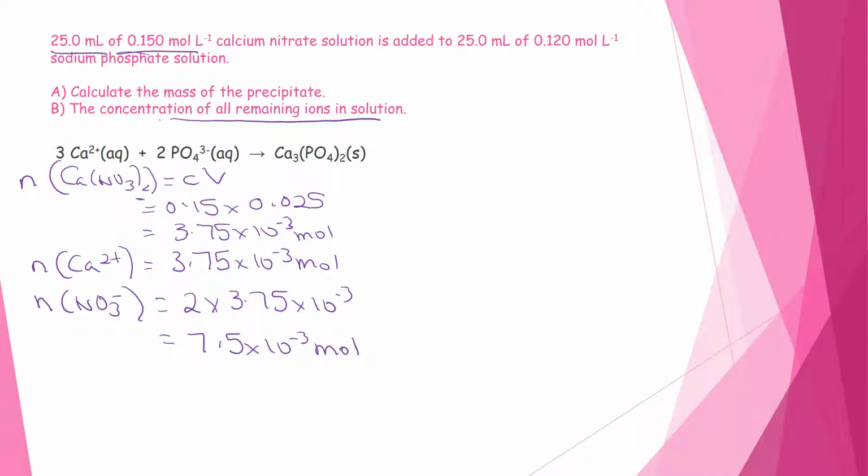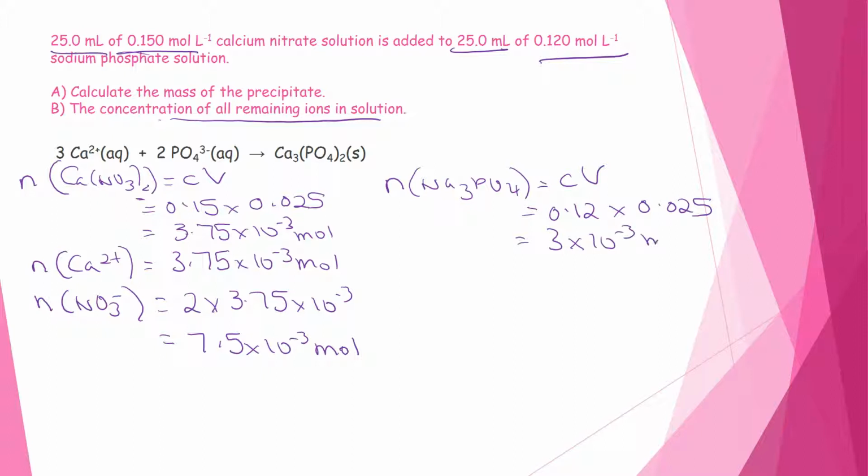Now we can also find the number of moles of sodium phosphate. So our concentration is 0.12 and our volume is 25 mL. Remember, it must be in litres. So this comes out to be 3 by 10 to the negative 3 moles.